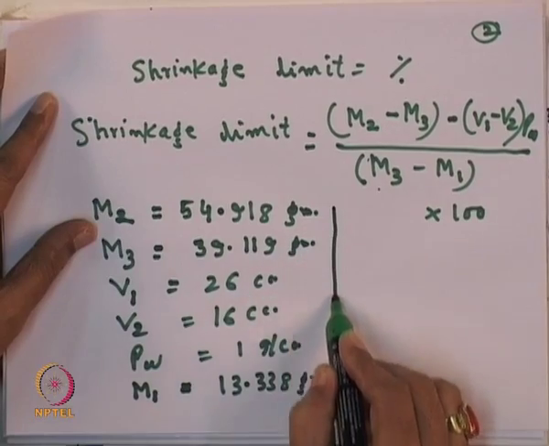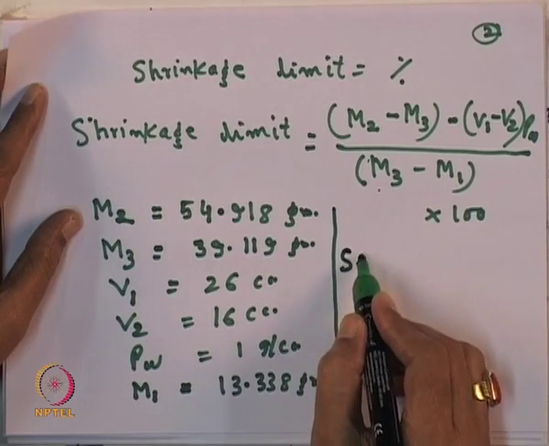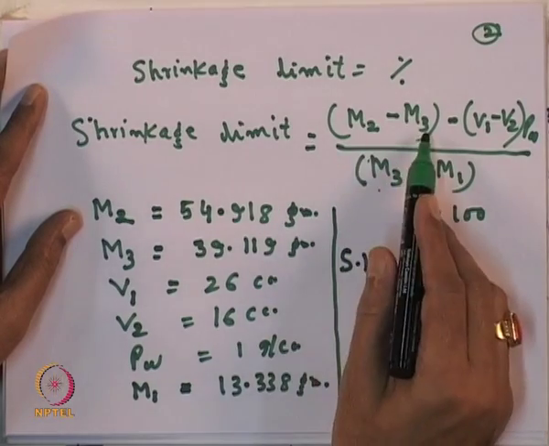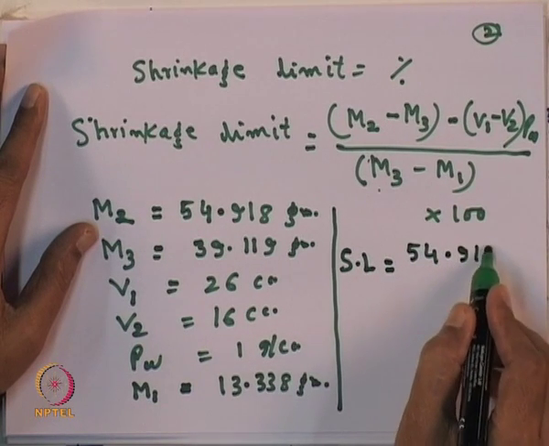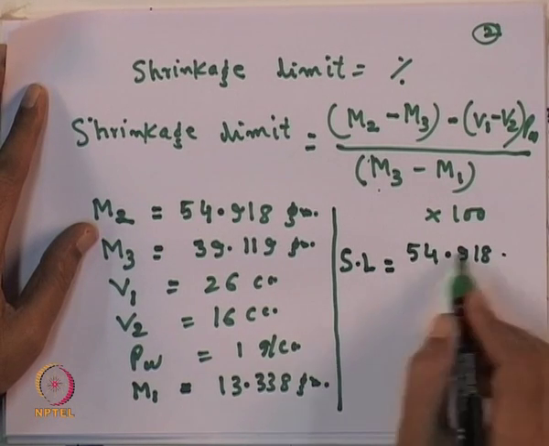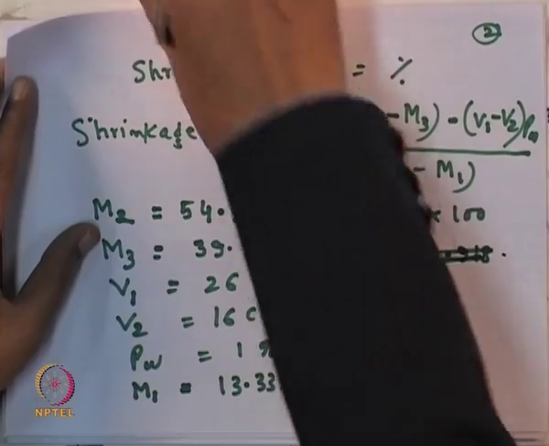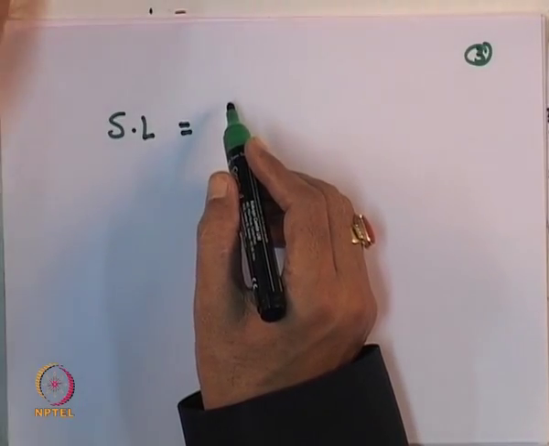So, the shrinkage limit, if it is denoted by SL, SL is M2 minus M3.